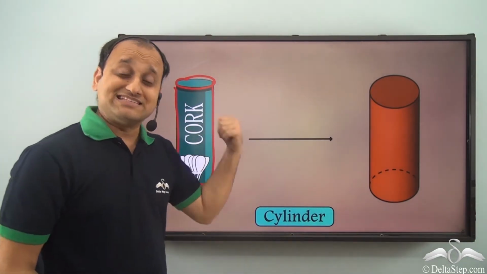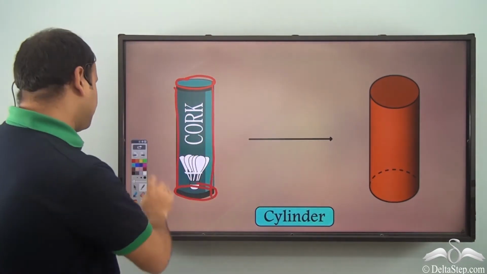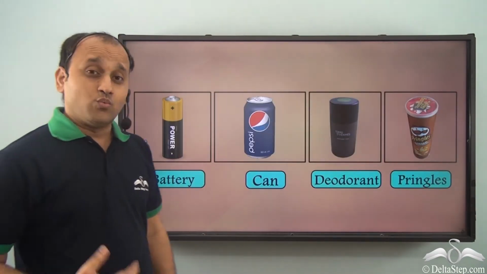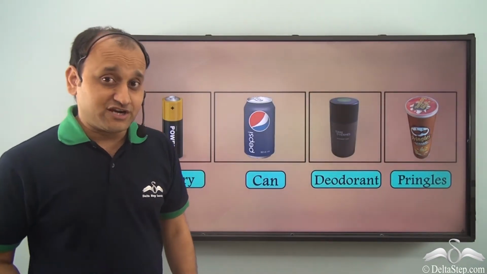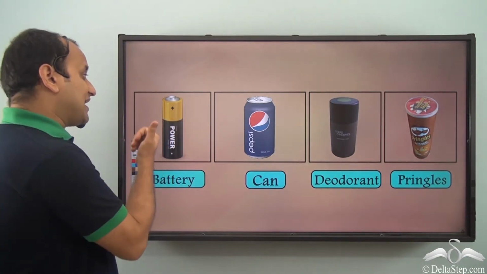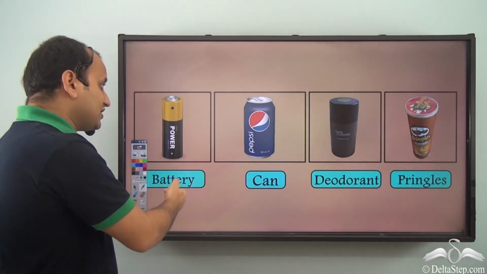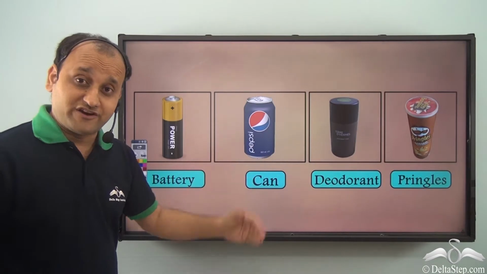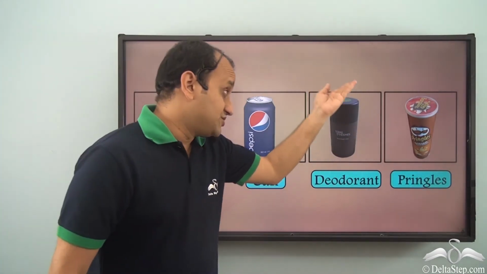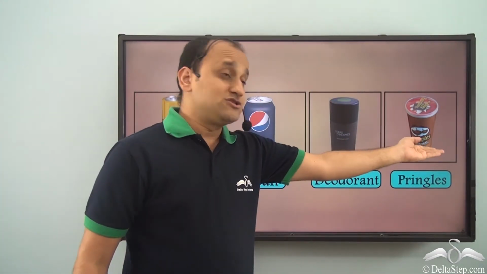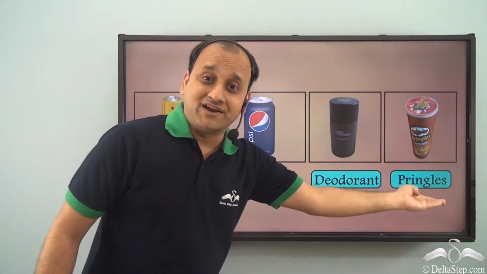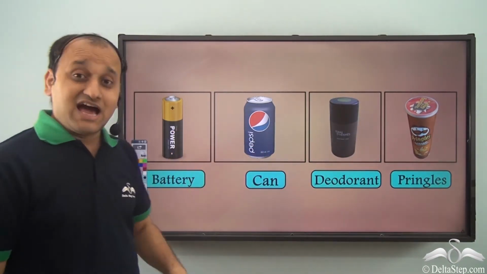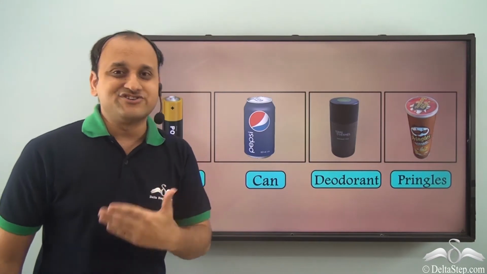And so this has a cylindrical shape. And what are some common examples of cylindrical shape? Well, we have this battery, which again has cylindrical shape. Then we have this soft drink can, we have this deodorant can, and also a box of Pringles. All these are examples of cylindrical shape.